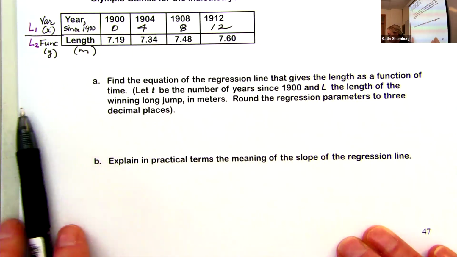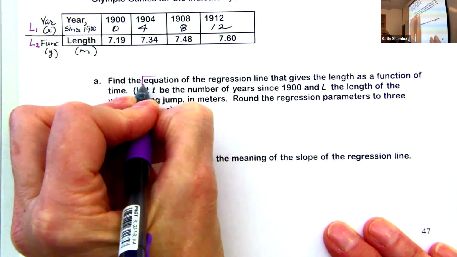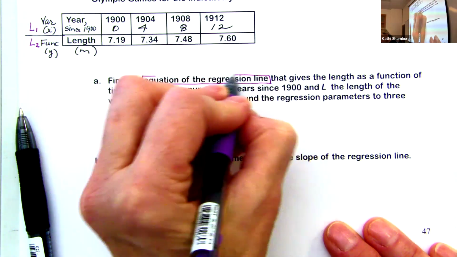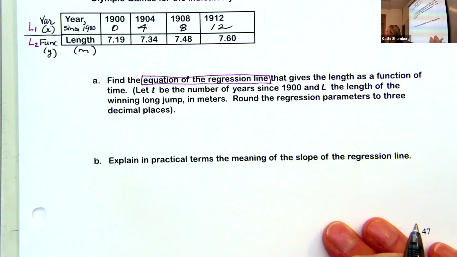Find the equation of the regression line. Okay, do I need to put my points in right now to do this? If I don't, does my calculator have anything to calculate from? No. So what's the first thing that you're going to have to do? You're going to have to enter your lists.